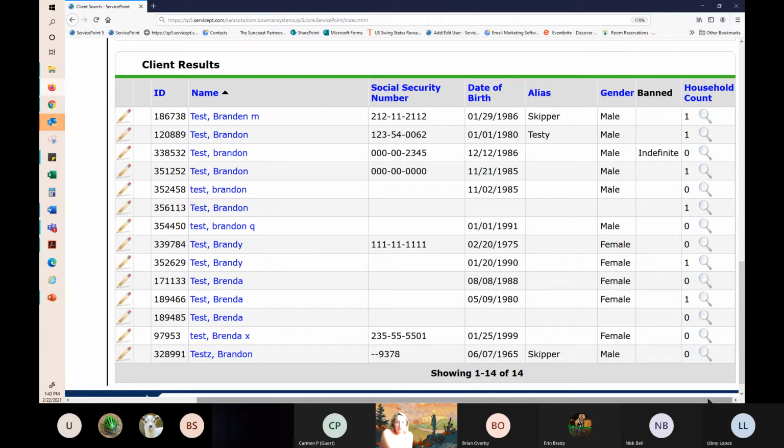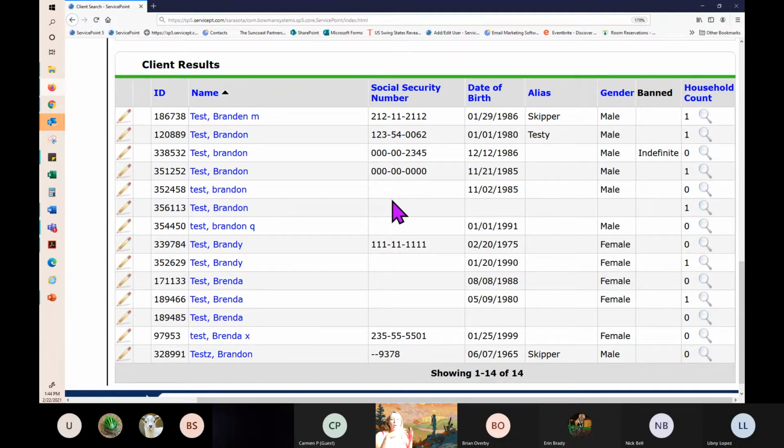In your searches, if you ever come up with multiple clients that you can identify as having multiple profiles, please just send me their client ID so I can merge them. If this client had the same information, you would simply send me an email with the two client IDs and say client merge, and I will merge them into one client's information.